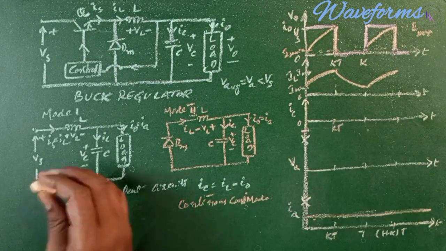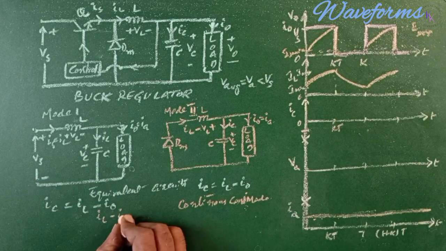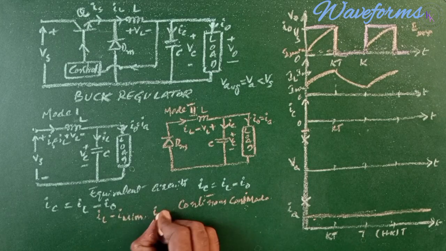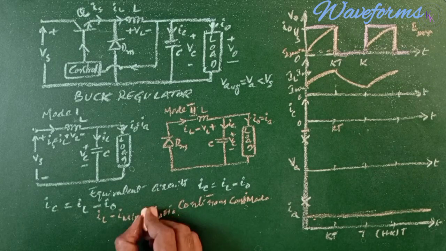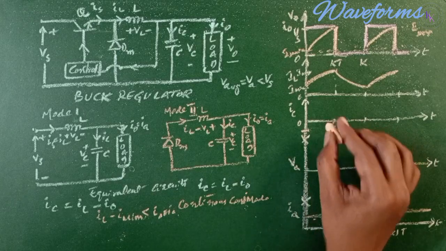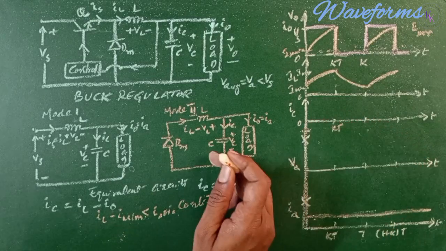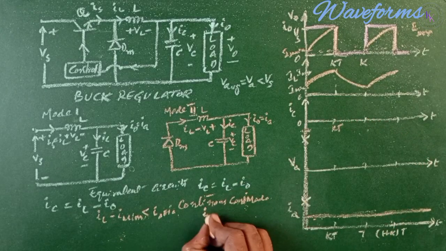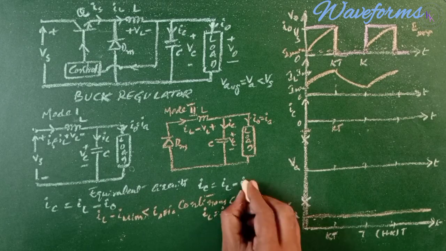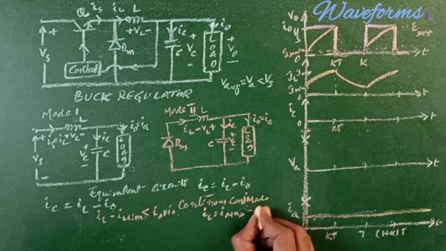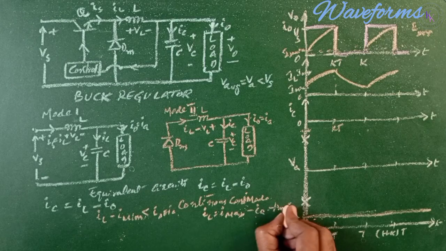Now IC, during mode 1, the IL is I minimum and I0 is equal to I average, and this value is greater than I minimum, so we'll be getting a negative value here. The second mode starts with IL equals I max and I0 is nothing but IA. This gives us a positive value.